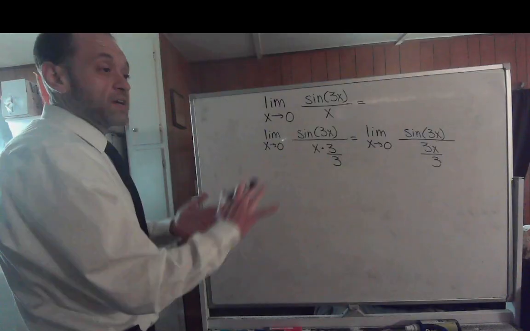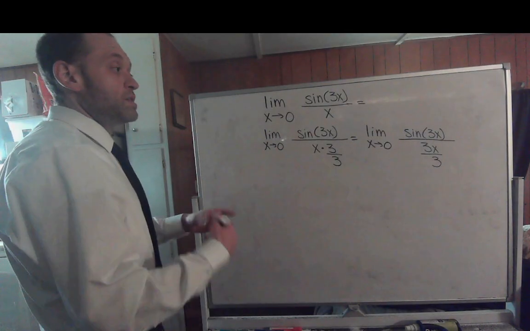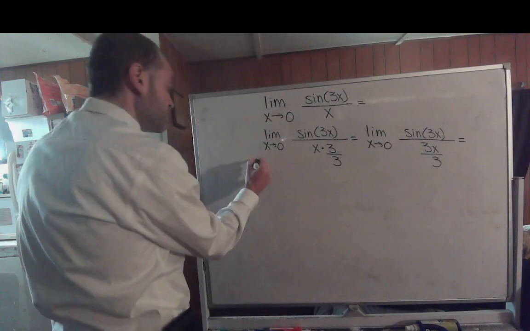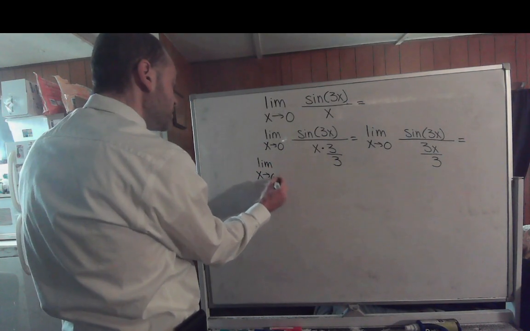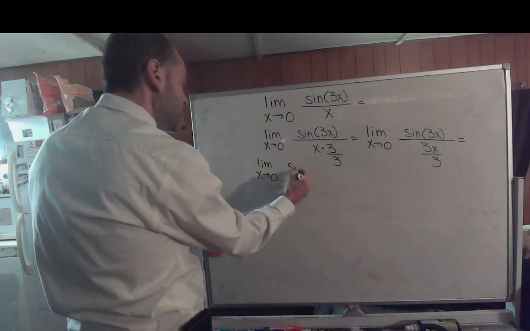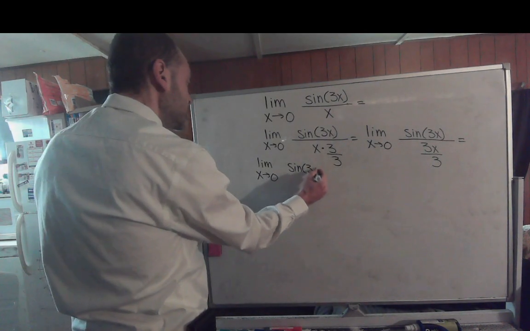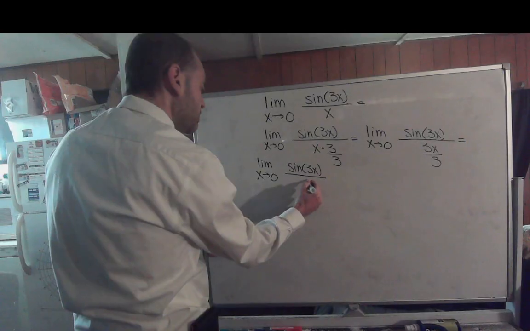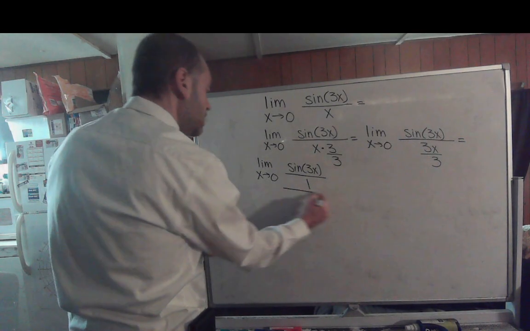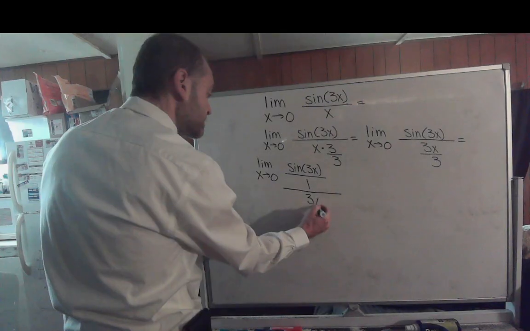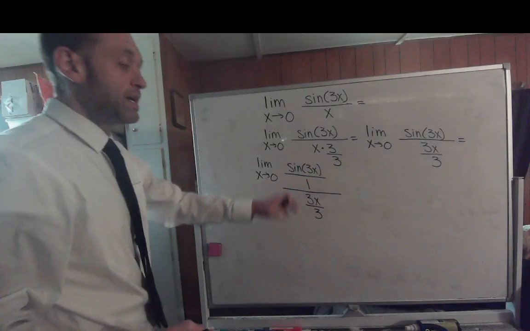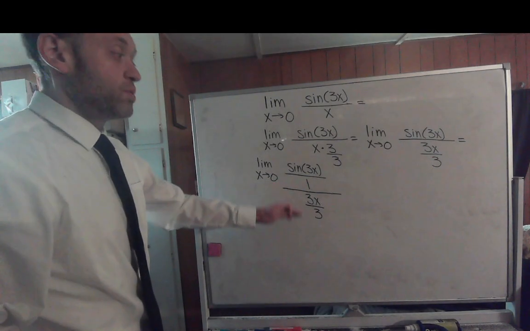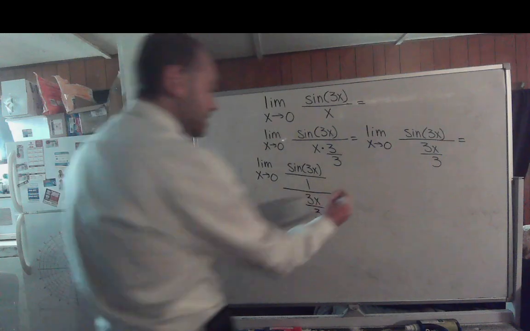But we have a complex fraction, so we need to invert and multiply. So let's go ahead and do that here. This would be the limit as x approaches 0 of the sine of 3x, all divided by 1, all over 3x divided by 3. I think it's nice to put that guiding 1 because that helps you understand the inverting and multiplying.